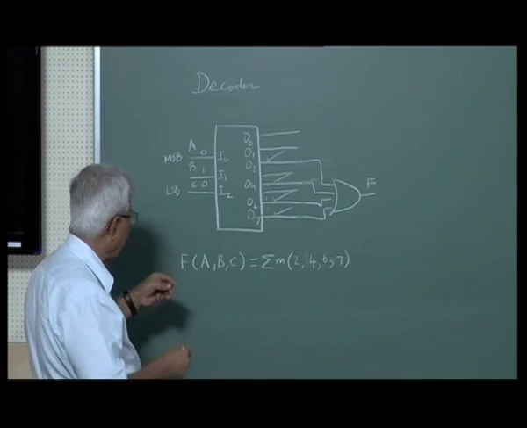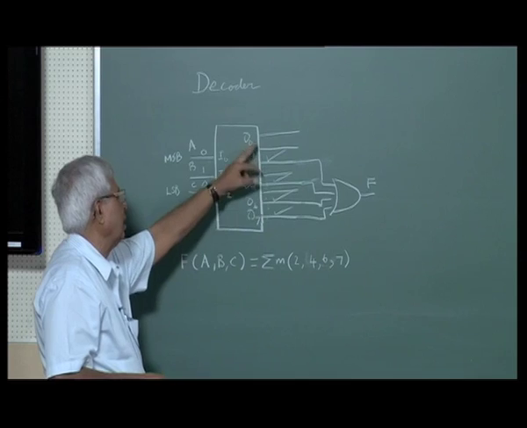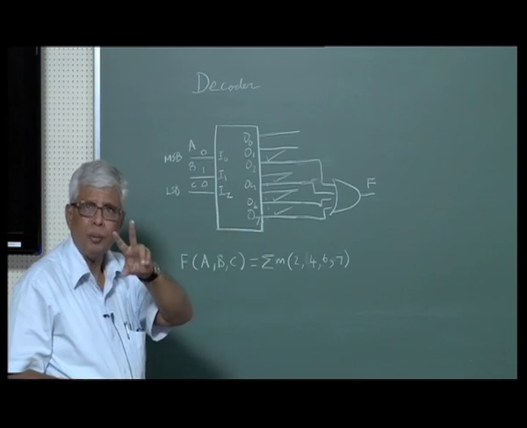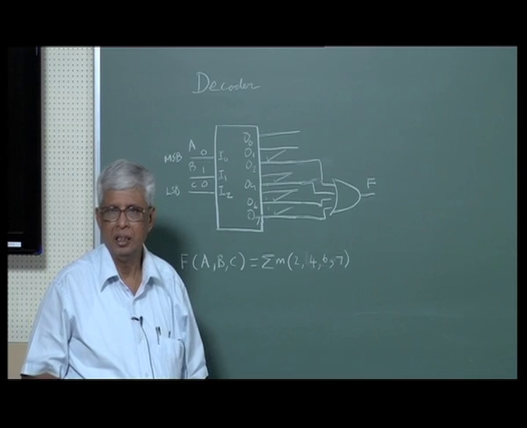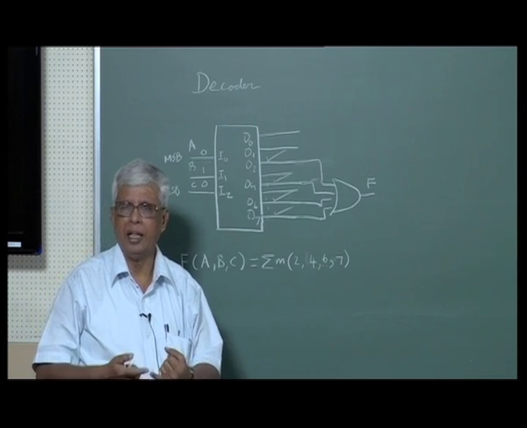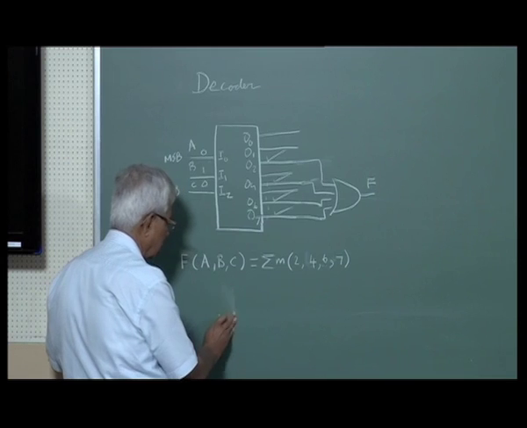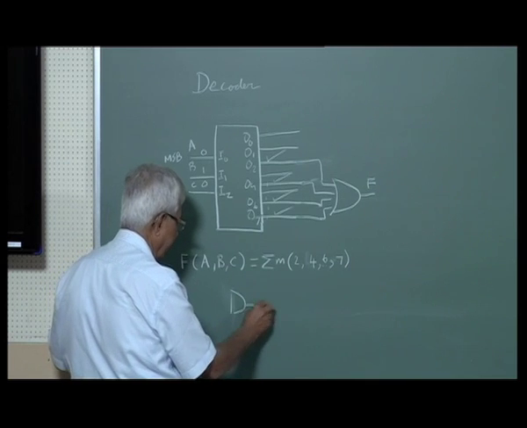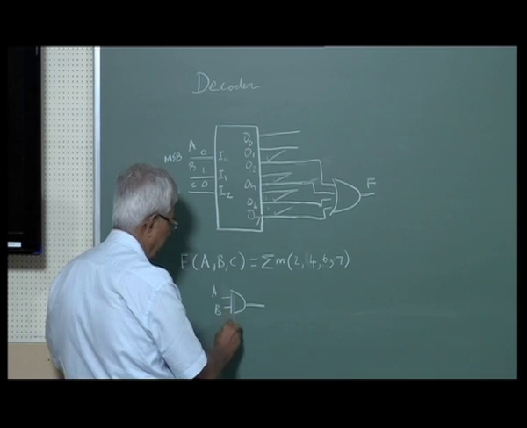We can also have the opposite, because many times the outputs are not high. There are 2 types of outputs possible in logic gates, like an AND and a NAND. AND has output high, NAND has output low.